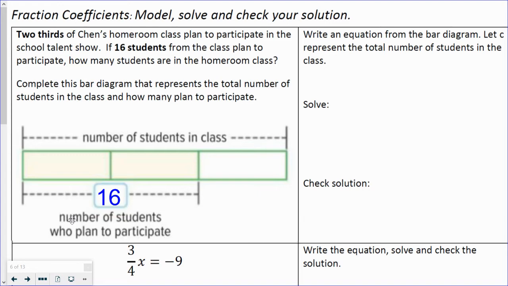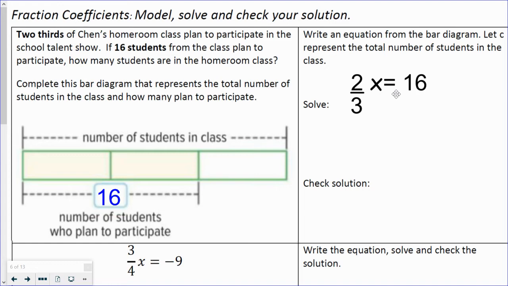Okay, so 2/3 of something is actually going to equal our 16. Okay, so this is our equation. 2/3 of something equals 16. So now our job is to actually solve. Now, remember, our whole job is to get x by itself.